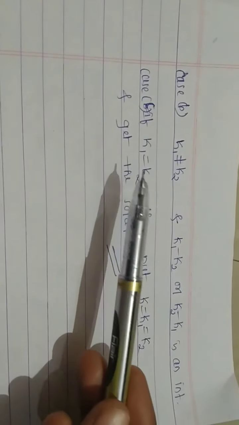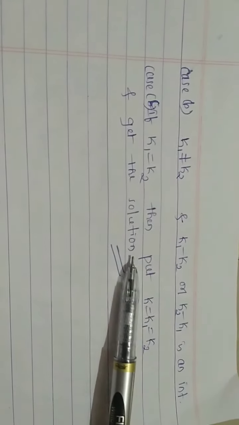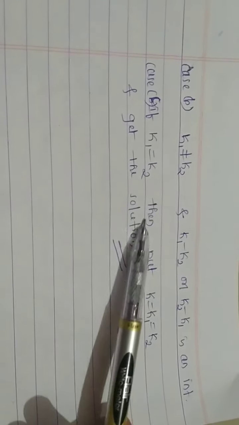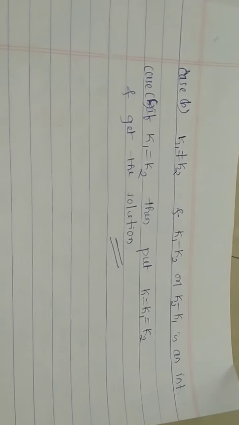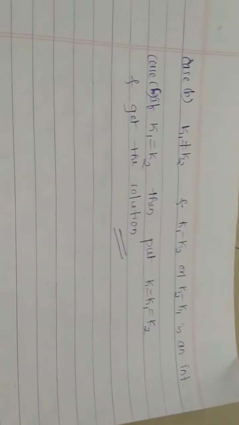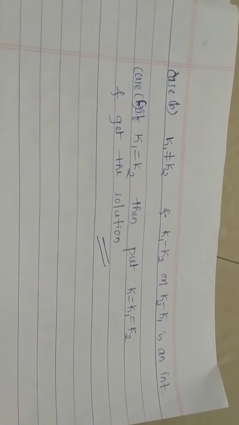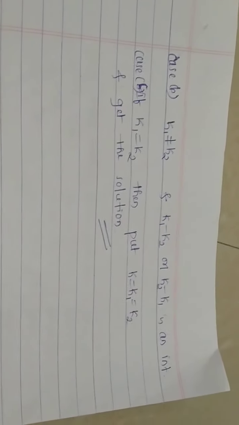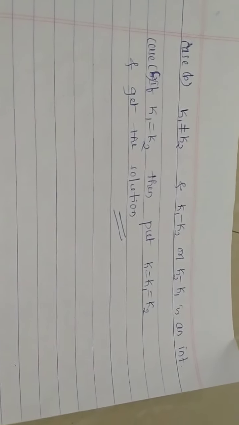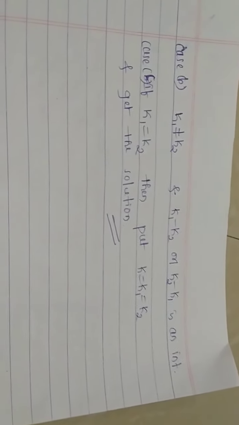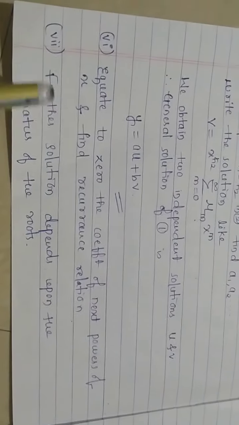Whenever k1 is equal to k2, then we have to substitute the value of k as the root, and we have to get the solution of equation number 1. So this is all about the nature of the k's, that is whenever k1 is not equal to k2, and k1 is equal to k2, whenever it differs by an integer and whenever it does not differ by an integer.